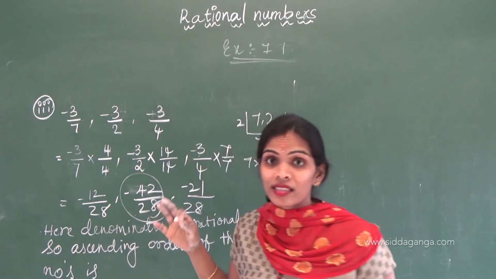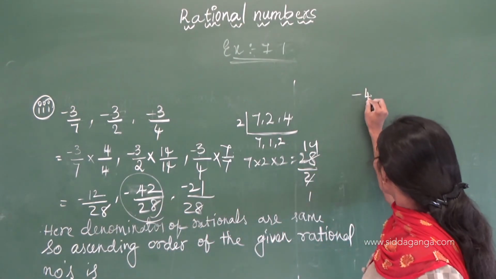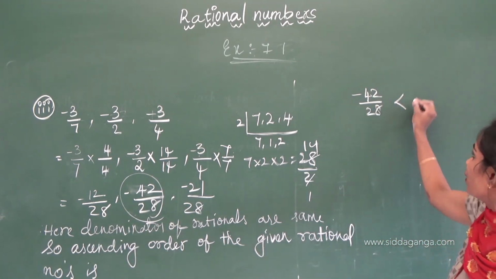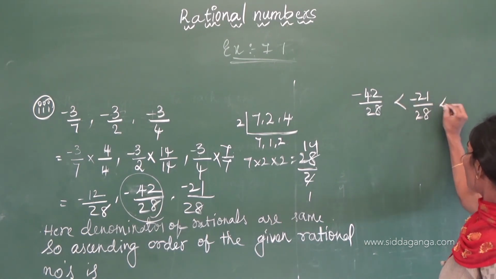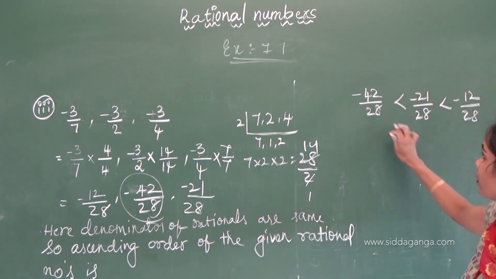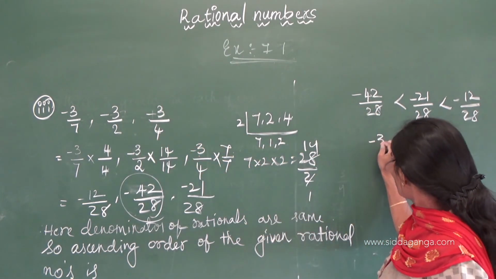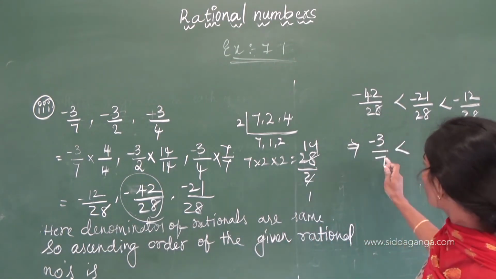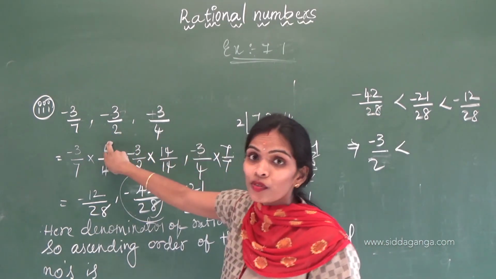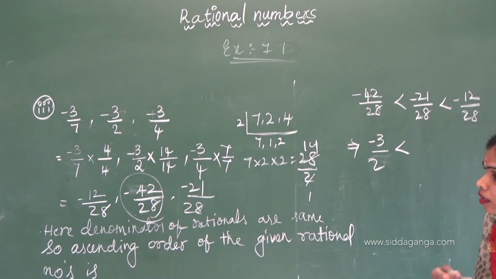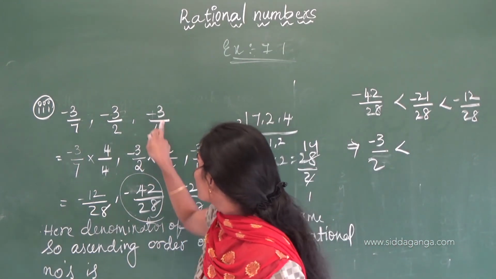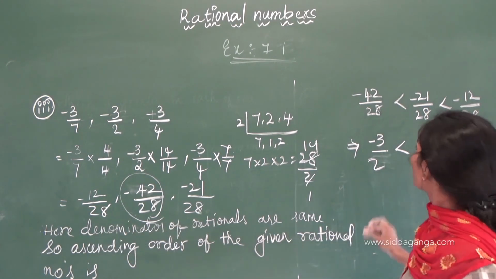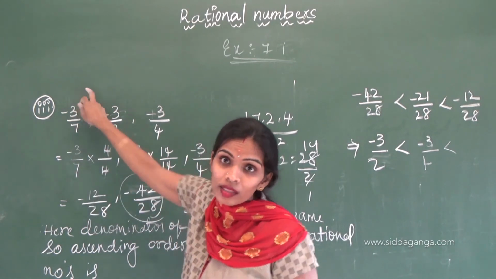Obviously this one has the highest number, that's why we take minus 42 by 28 as the smallest, and then minus 21 by 28, and then minus 12 by 28. This is representing this one, and this is representing this one, and this one is representing this one.